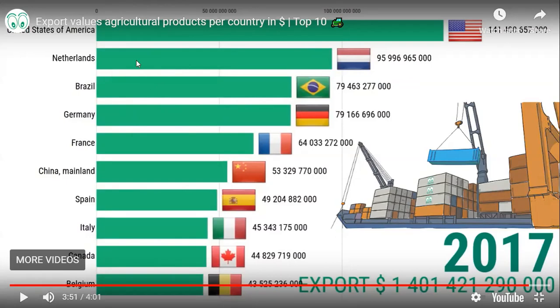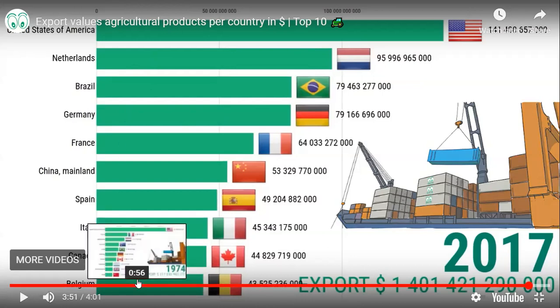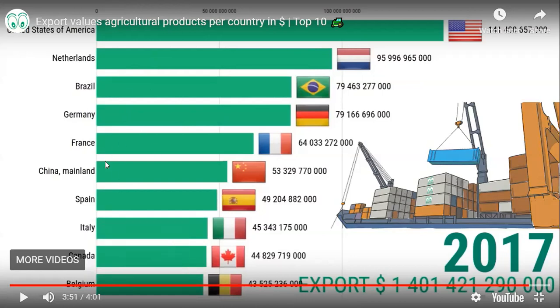Because Netherlands' top buyers were Germany, Belgium, and UK. Where's the UK here? UK is not even in the top 10 as of 2017. You understand? So it takes us collaborating with ourselves as agropreneurs and agro suppliers within our own continent.